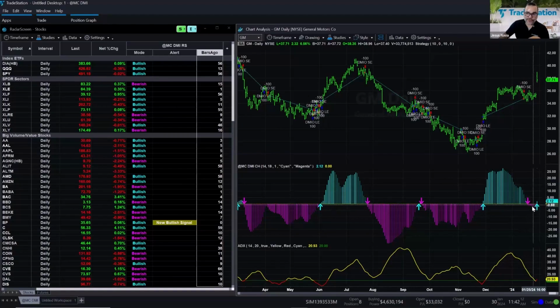All of a sudden, we see a crossover, something happening right now. Of course, there's a huge gap today that throws the indicator off. We were going into the negative side, and General Motors was showing signs of being bearish, but all of a sudden we have this huge gap that threw the indicator back onto the positive side.